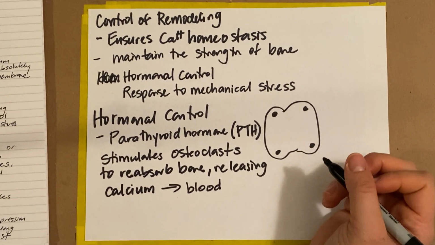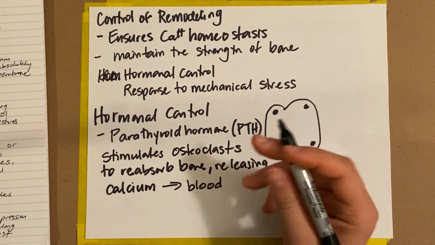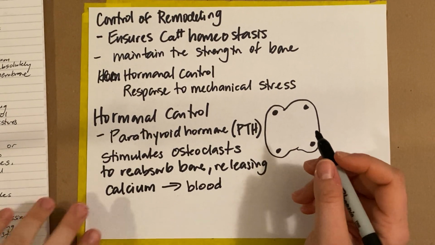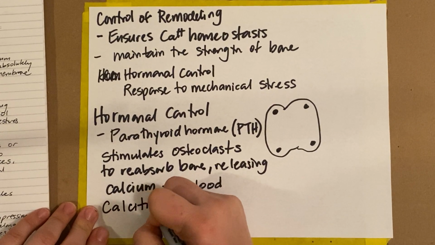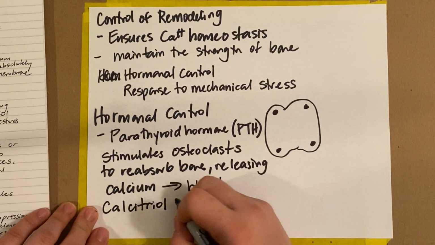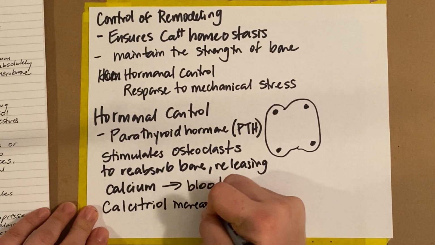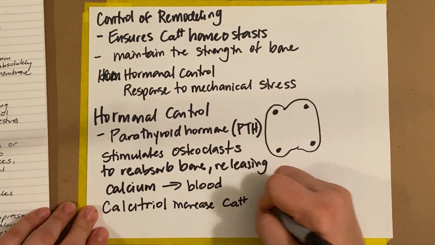Okay, another important hormone that's involved in this is calcitriol, and this is something that helps increase calcium absorption in the intestines.